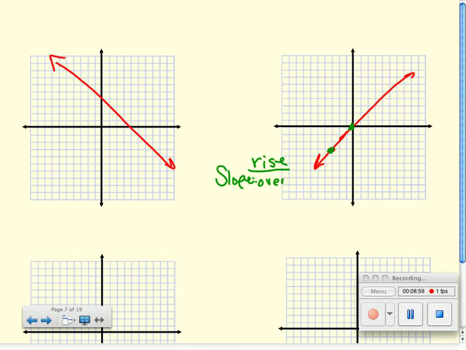Rise over run, because we think slope represents steepness, how fast my height changes. So here it looks like I went up 1, 2, 3, and I went over 1, 2, 3. So my slope is equal to 1. You're going to find, especially in 5.3, that slope is directly related to our constant of variation.